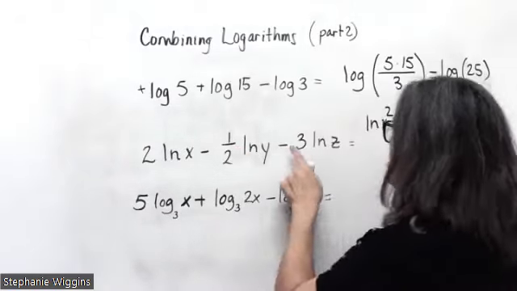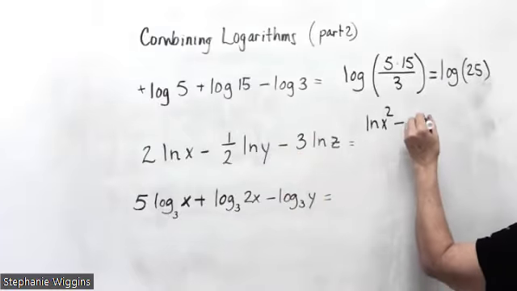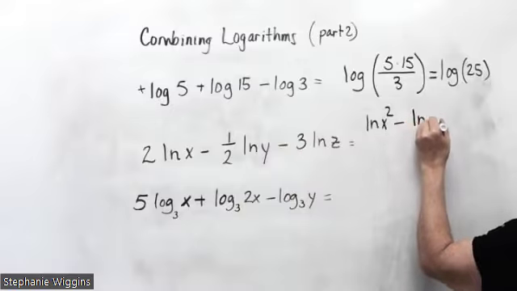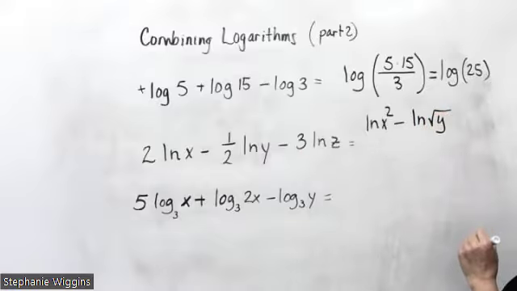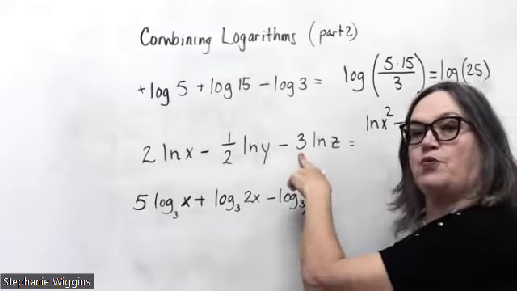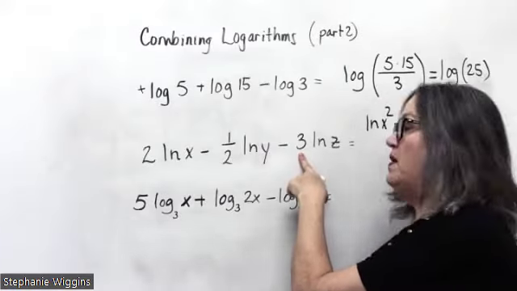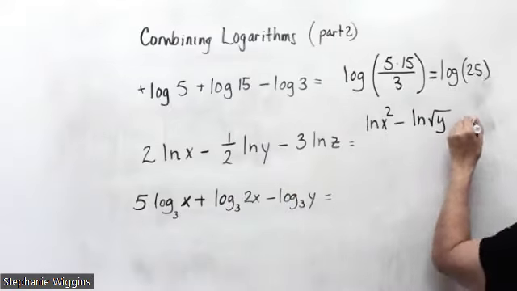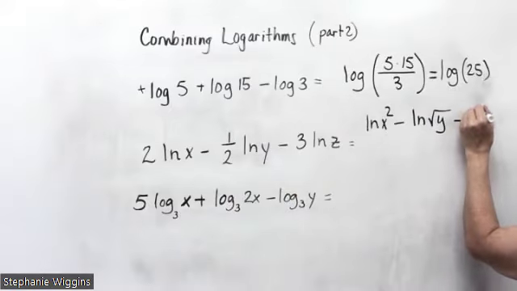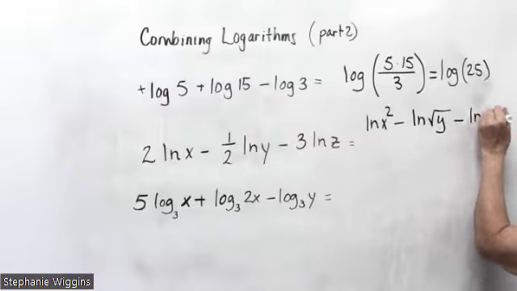So the square root is going to go on the y. And so we have minus the natural log of the square root of y. And then here, the 3 is going to be the cube of z. So that's going to go on z. So it's going to become minus the natural log of z cubed.